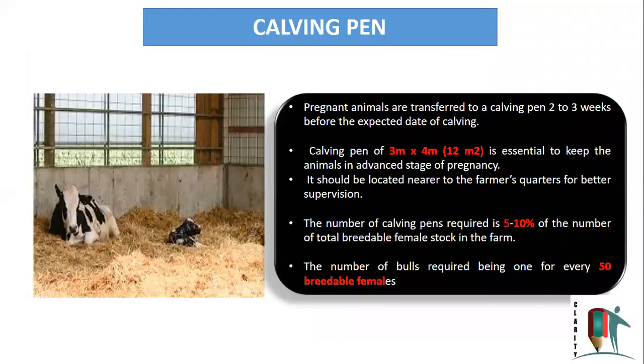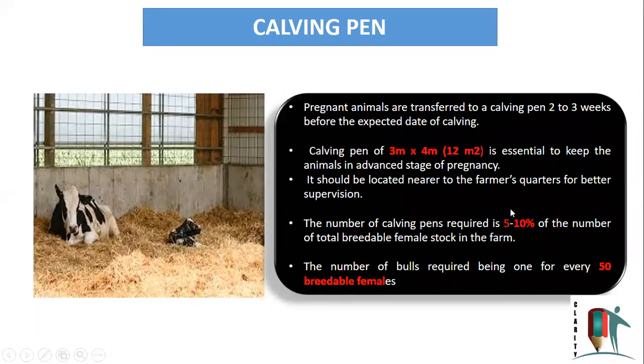Now coming to the calving pen. Calving pen means the area where the cow gives birth to a new calf. Okay, so for this you just need to remember this area: it should be 3 into 4, that is 12 meters square, right? How many calving pens should a dairy farm have?